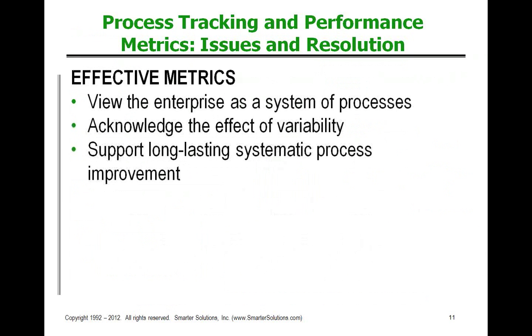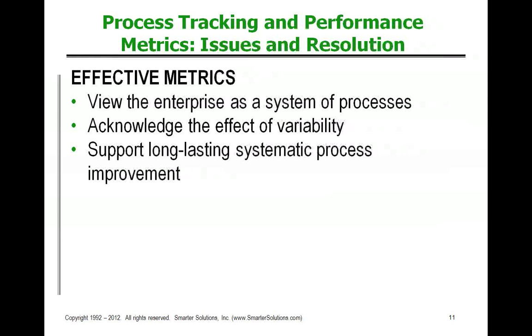So what I'm suggesting is we really need to have effective metrics that lead to the 3 R's of business. Everybody doing the right things, doing them right at the right time. But in order to accomplish that, we really need to view the enterprise as a system of processes. We also need to acknowledge the effect of variability, because variability is going to occur.